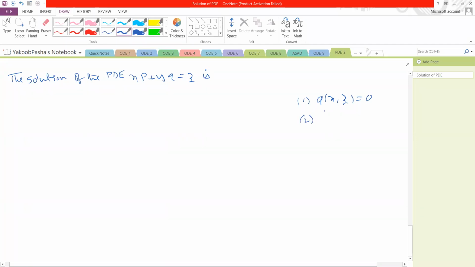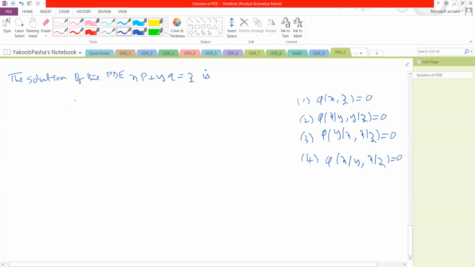Second option, phi of x by y comma y by z is equal to 0. Third option, phi of y by x comma x by z is equal to 0. And fourth option, phi of x by y comma x by z is equal to 0.